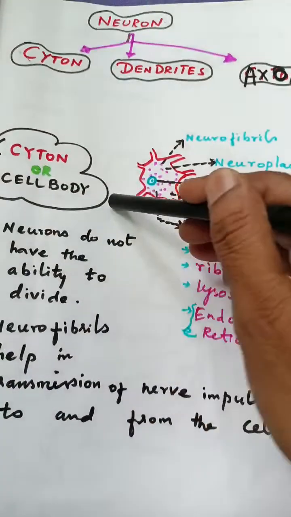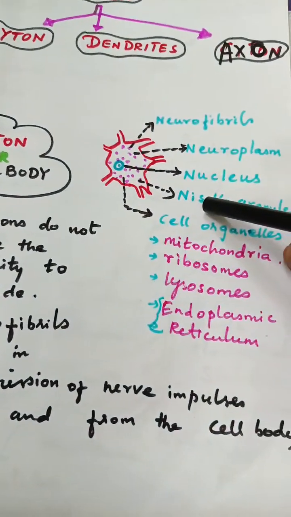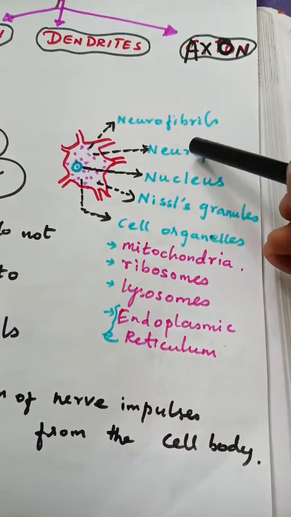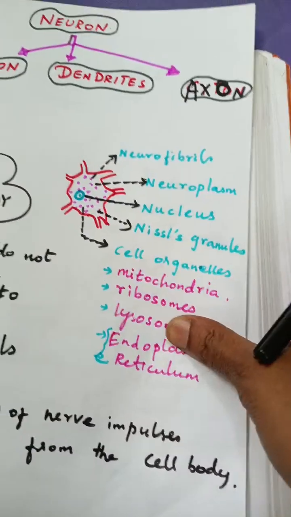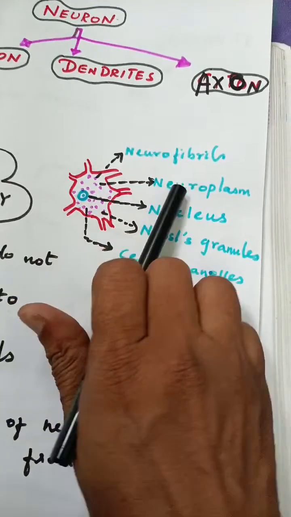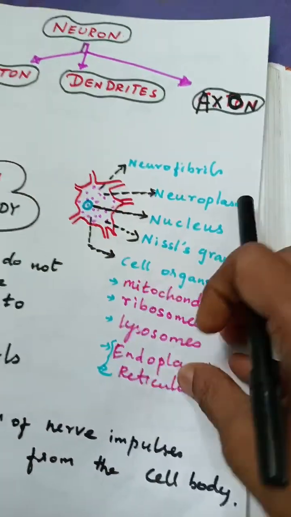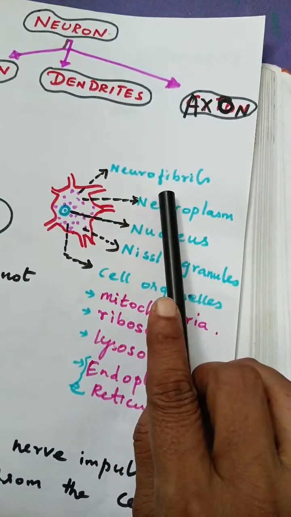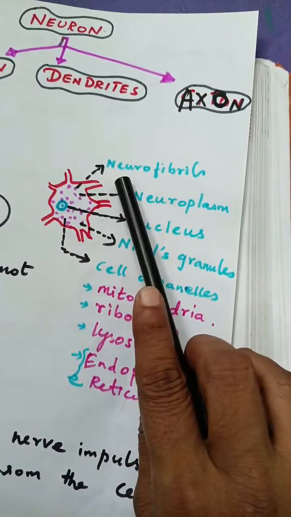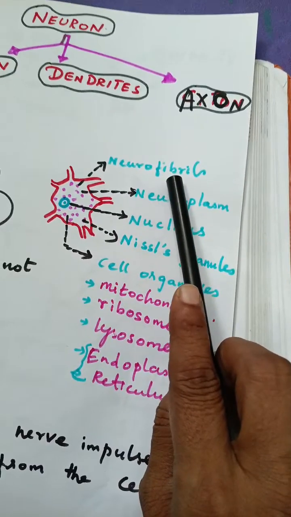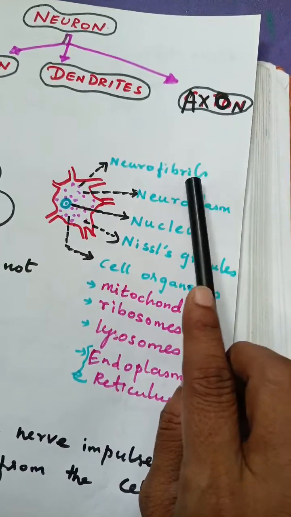What is the cyton? The cyton is nothing but the cell body. The cell body has the nucleus, already I told you, and it has the cytoplasm, that is known as the neuroplasm. Then it has some fibrils coming out, which are responsible for the transmission of nerve impulse, known as neurofibrils.